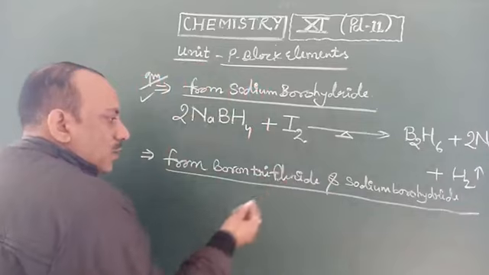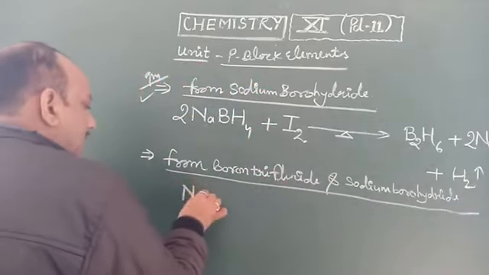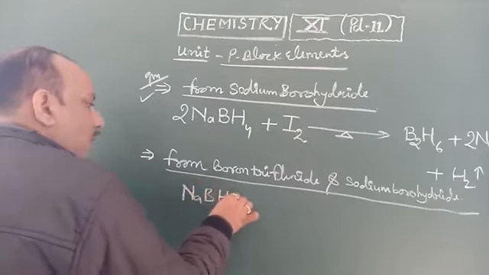The formula of sodium borohydride is NaBH4.